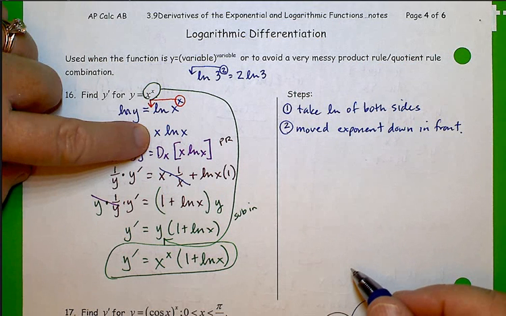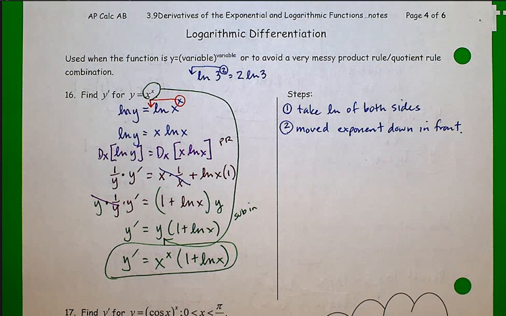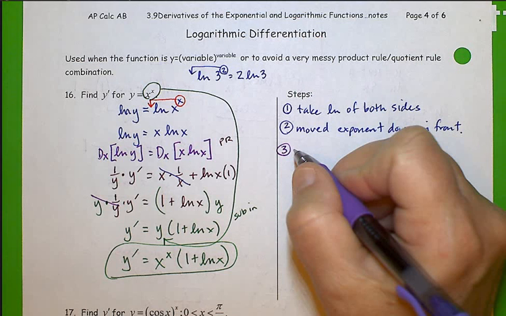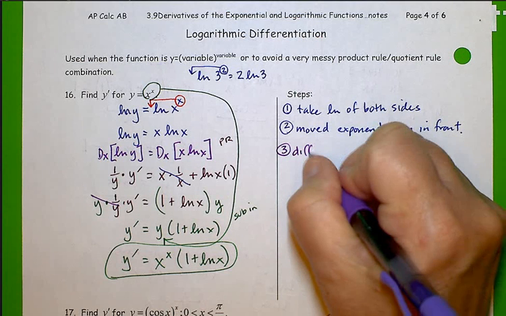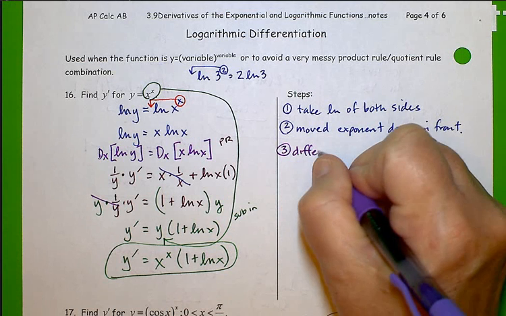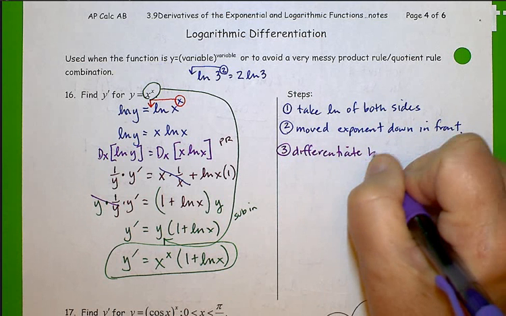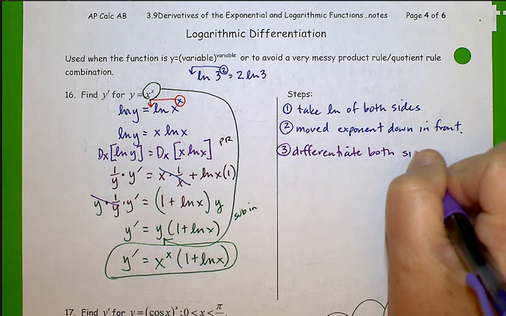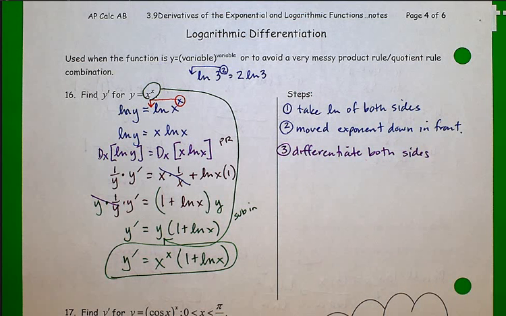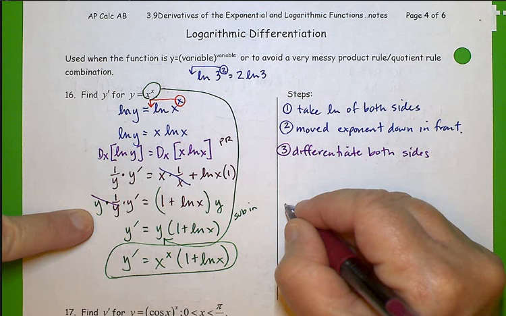Next step here, we took the derivative of both sides. I'm going to write that as differentiate both sides, or differentiate the entire equation. Once you do that differentiation work, we solved for y prime.